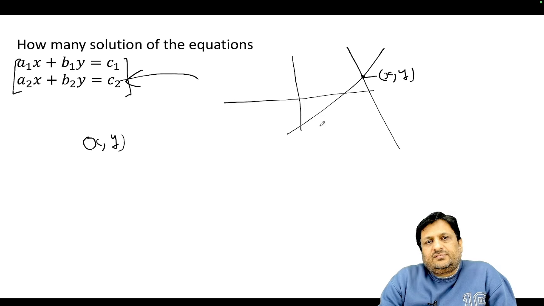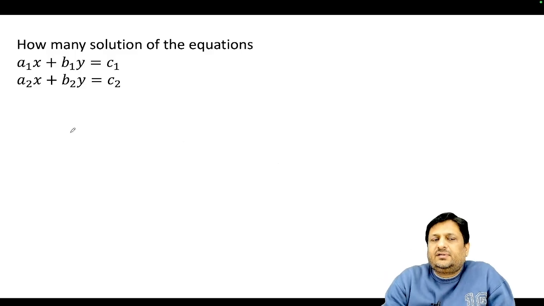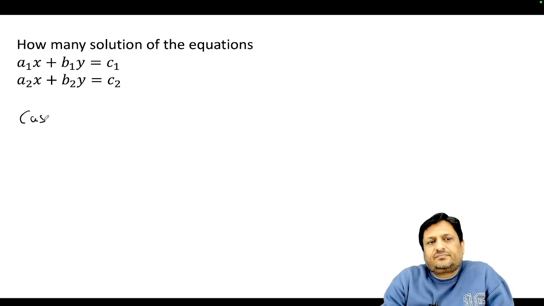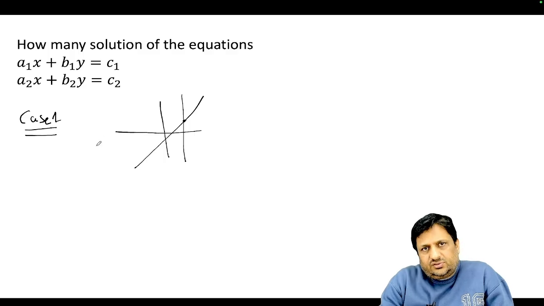Now, do these lines always intersect? No. There can be three cases. Case 1: if these two lines intersect at a point, we say this system has a unique solution.